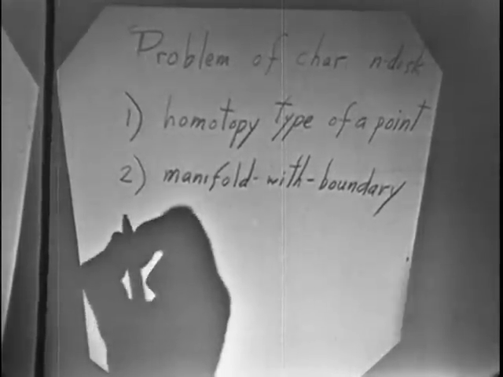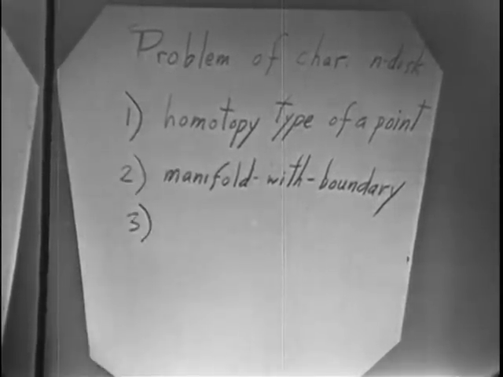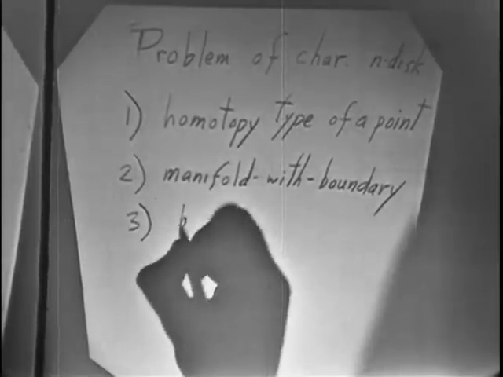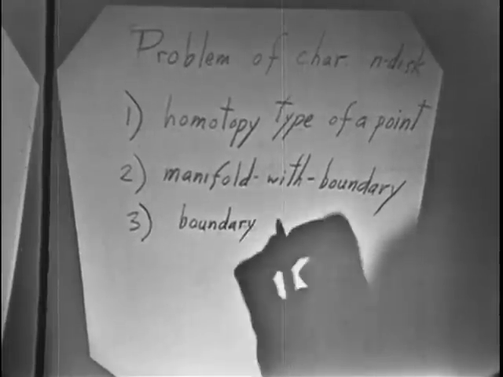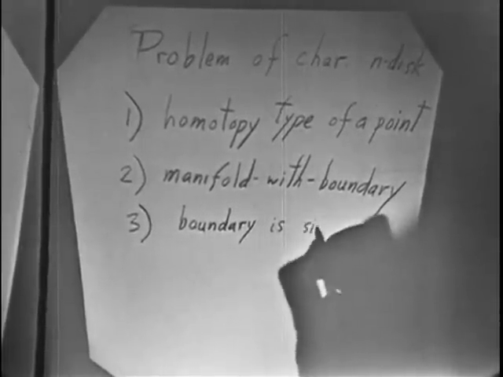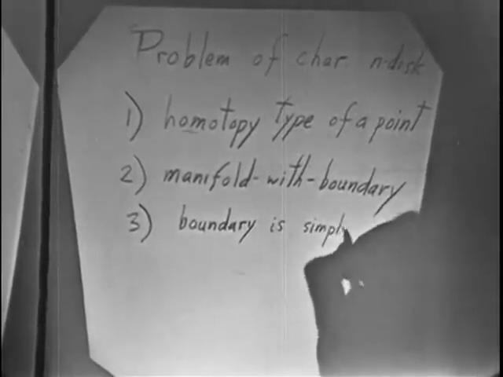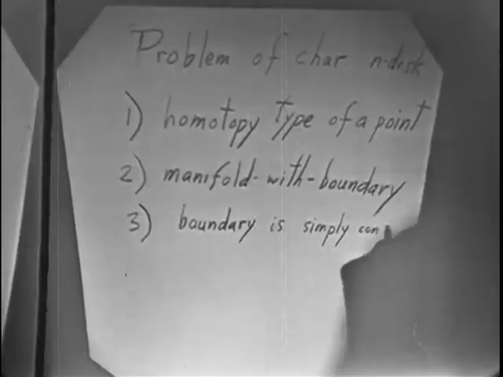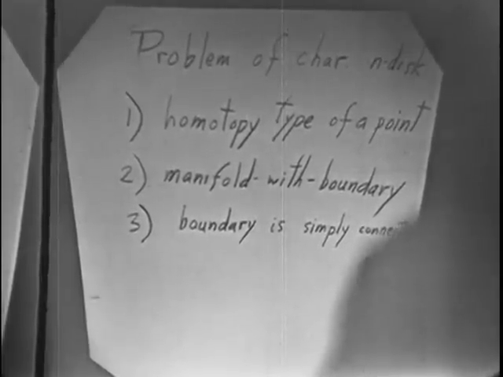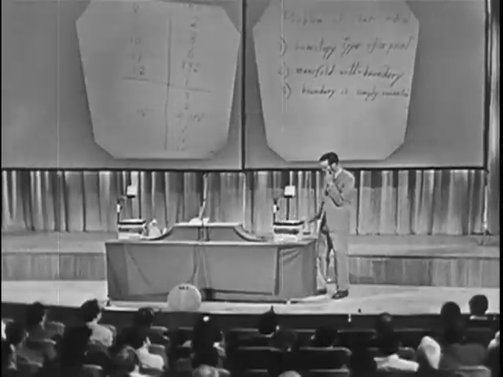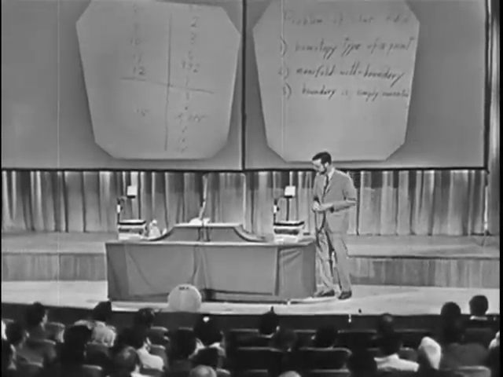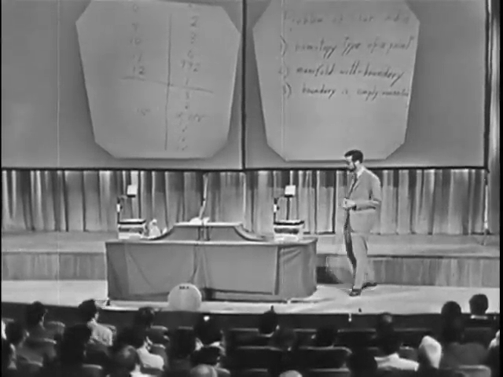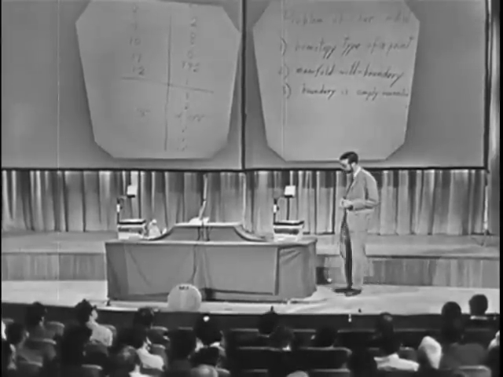And there's a third property which turns out to be essential. These two alone are not sufficient. The third property is that the boundary is simply connected. One can give examples of compact manifolds which are contractible, and yet the boundary is not simply connected. Those will not interest us.